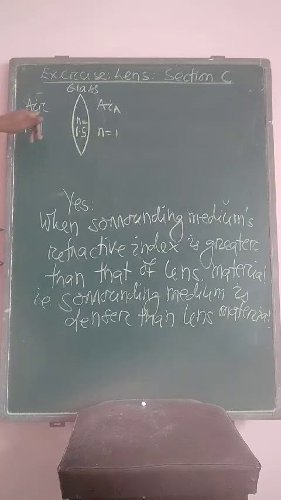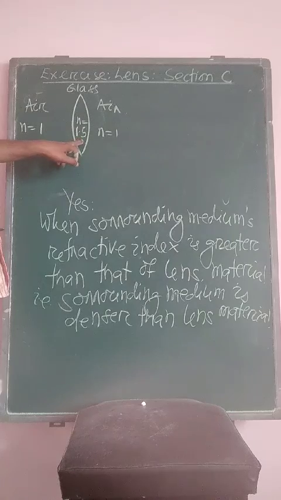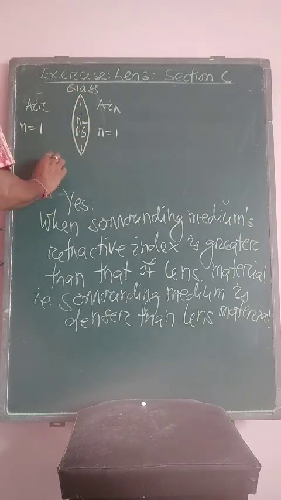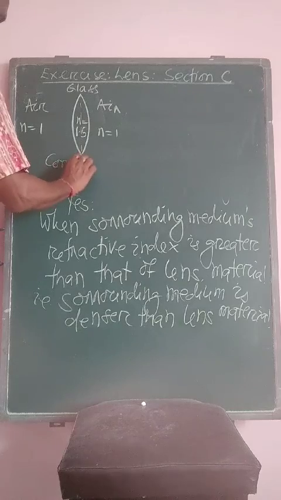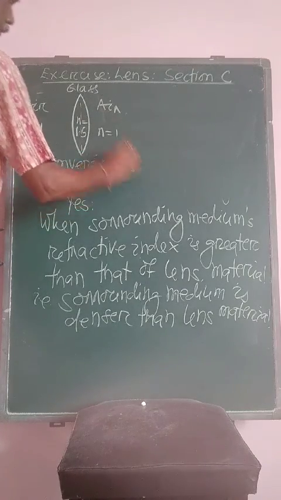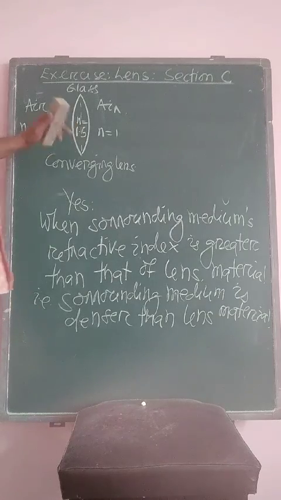So here the surrounding medium has lesser refractive index than the lens material. So here this convex lens will act as a converging lens.